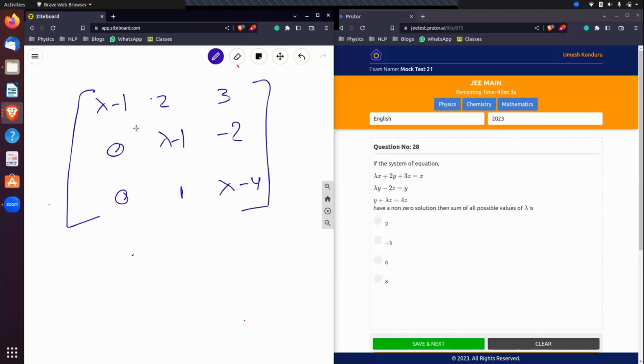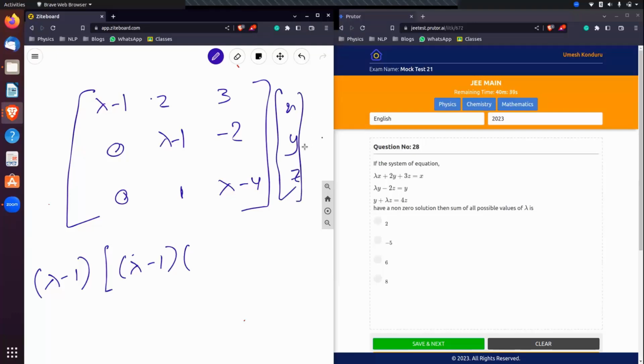If we evaluate this determinant, we're going to get lambda minus 1 times something, and we want this determinant to be 0, because if this determinant was not 0, then you could have just multiplied both sides of this equation, equals (0, 0, 0), by the inverse, and then you get this as the only solution. So if (0, 0, 0) is not the only solution, then the determinant of this has to be 0.